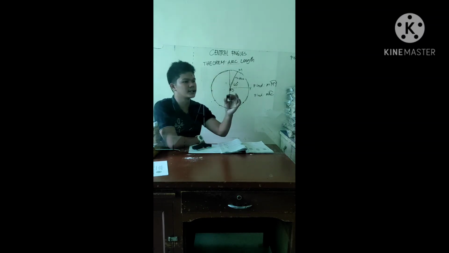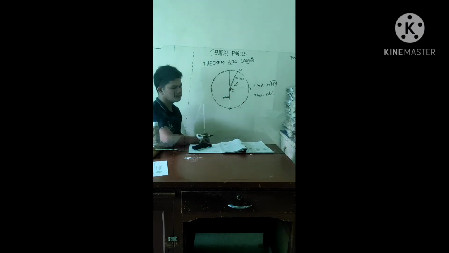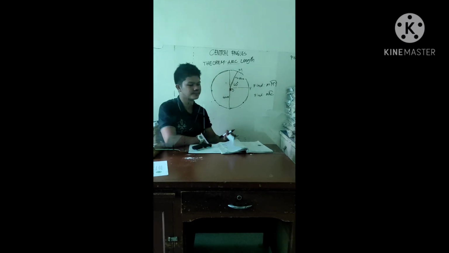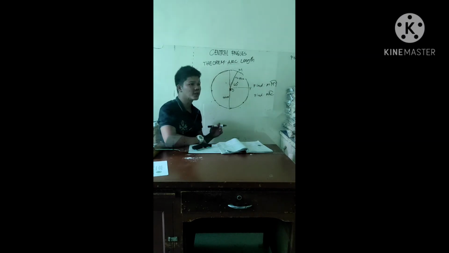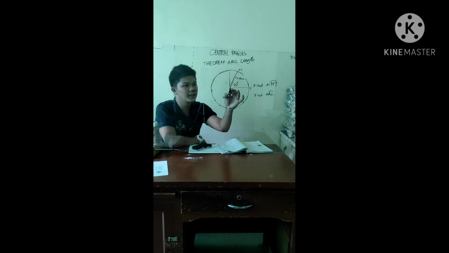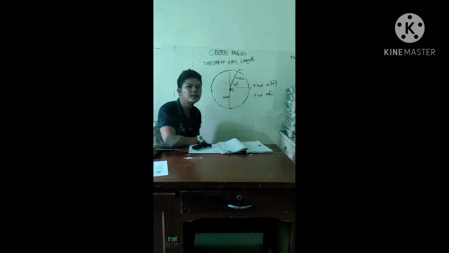Our diameter is 36 centimeter. Now, we are going to find, so ito pala, this is 90 degrees. Okay? Basta may box dyan, sa gitna ng center mo, yan yung measurement niyan is 90 degrees.